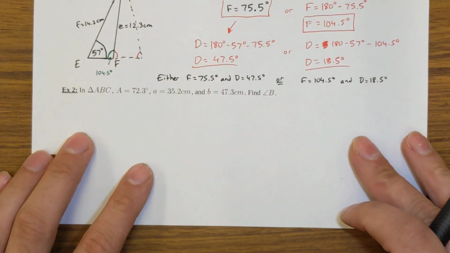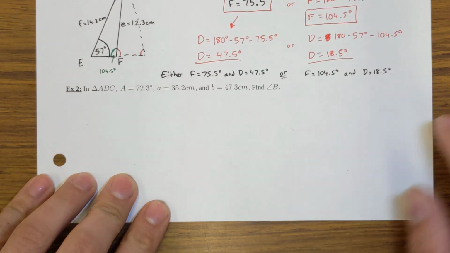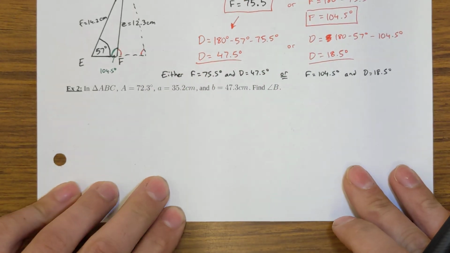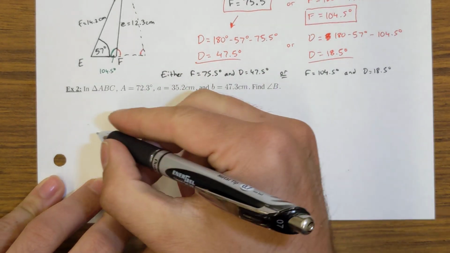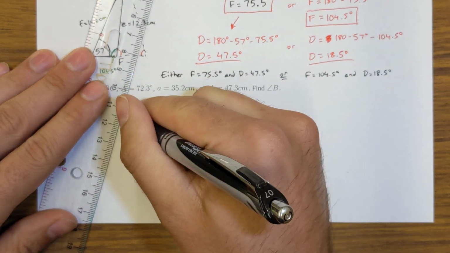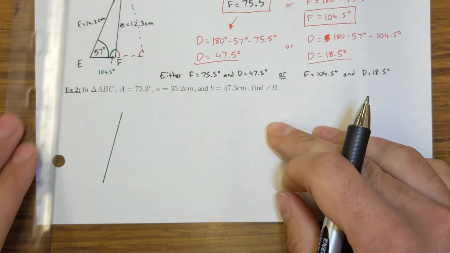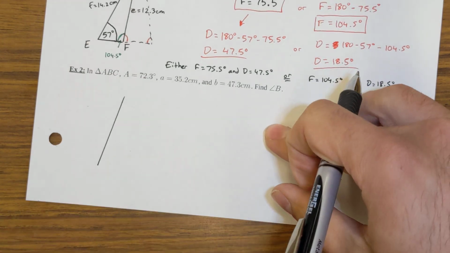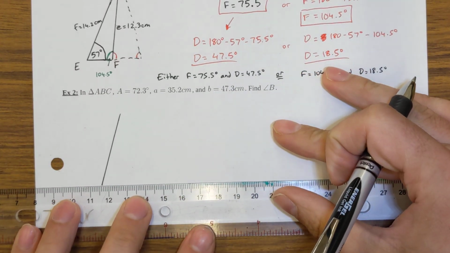So we'll move on to this triangle here, angle ABC, and we'll see what happens. Again, we can start with our angle. This one's a lot bigger, 72.3 degrees. I'll draw it out.